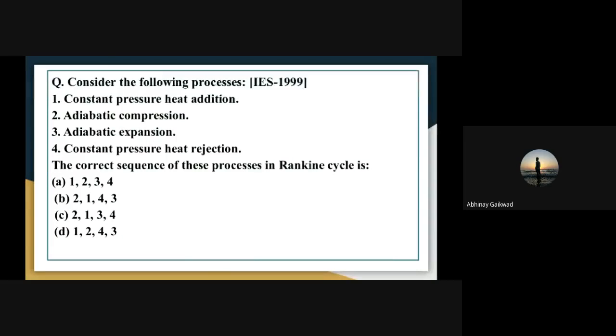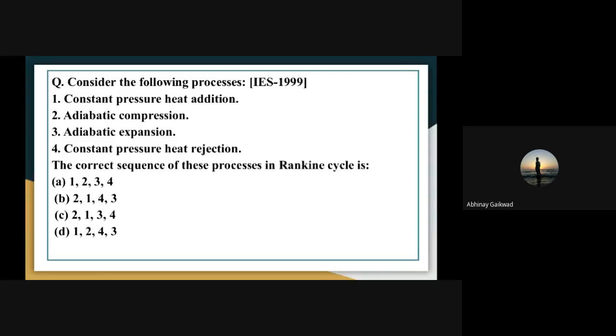Fourth is constant pressure heat rejection. The correct sequence of these processes in a Rankine cycle is, you have to tell. Look at options A, B, C, D, and shoot your answer in the comment box.